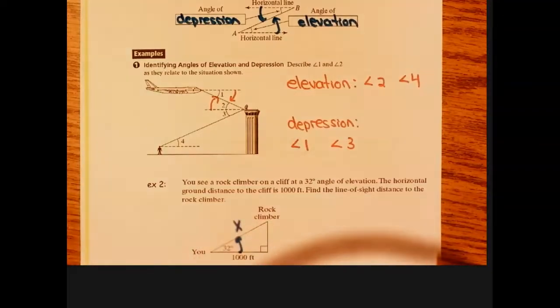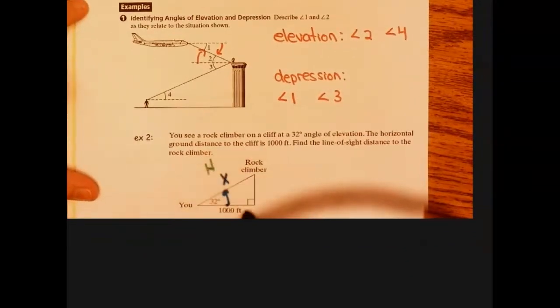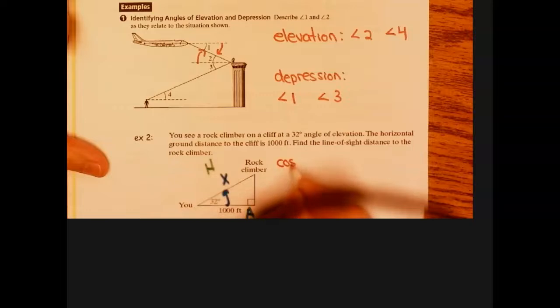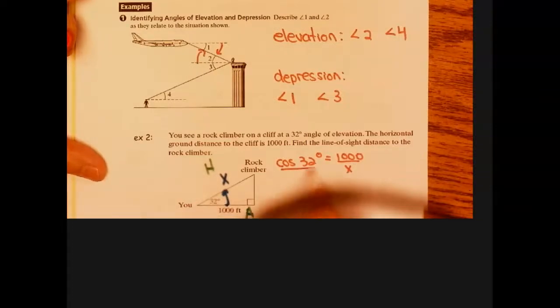Now we're back to SOHCAHTOA and we're labeling our sides with O's and A's and H's. So the first thing I notice is that X is the hypotenuse. This 1,000 is the adjacent. The only trig function that involves A and H would be cosine. So cosine of 32 degrees is 1,000 over X. I'm going to set this up as a proportion and cross multiply.